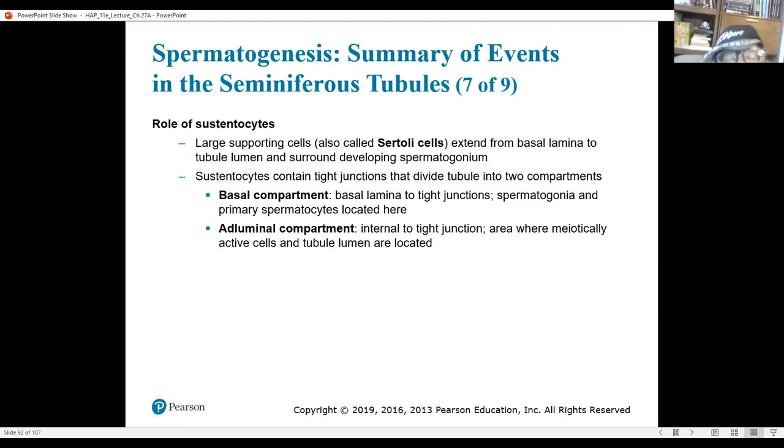We don't want the body to decide those are foreign and start destroying them. So the basal compartment is tight on the basal lamina. This is where the spermatogonia and the primary spermatocytes are.